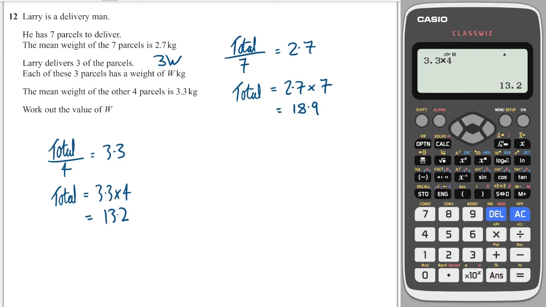So what have we got overall? We've got the 7 is 18.9, and that's made up of these 3 and these 4.